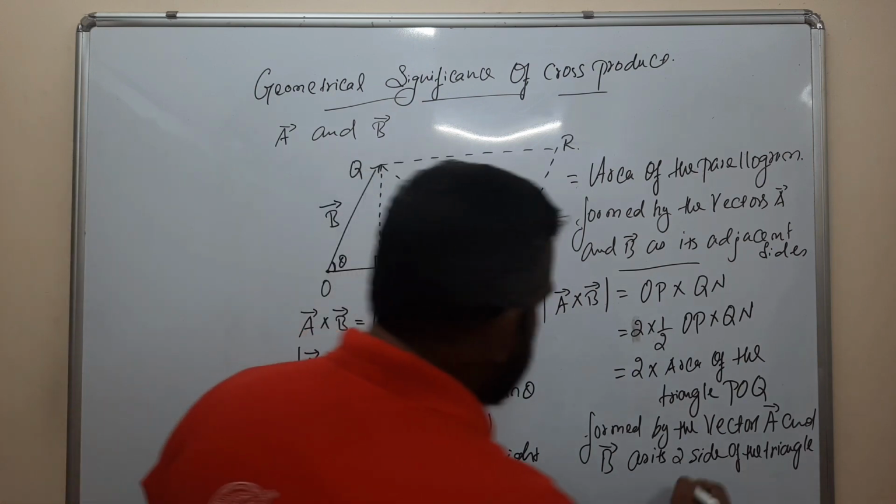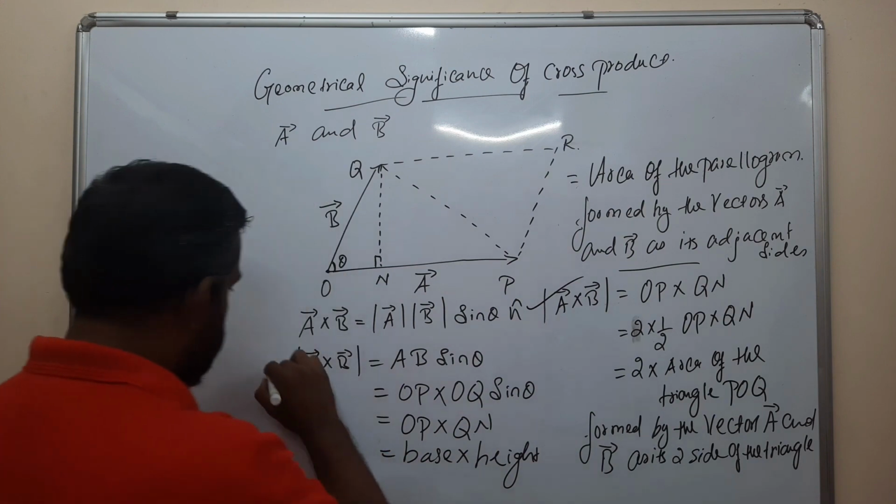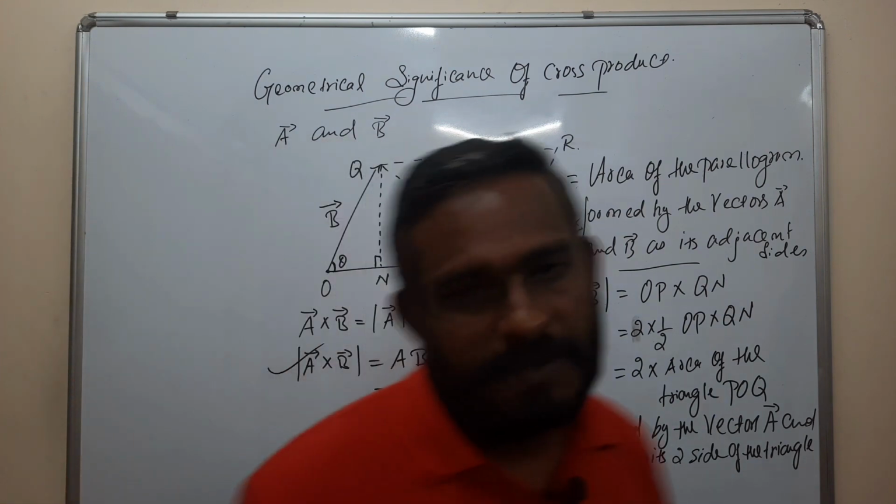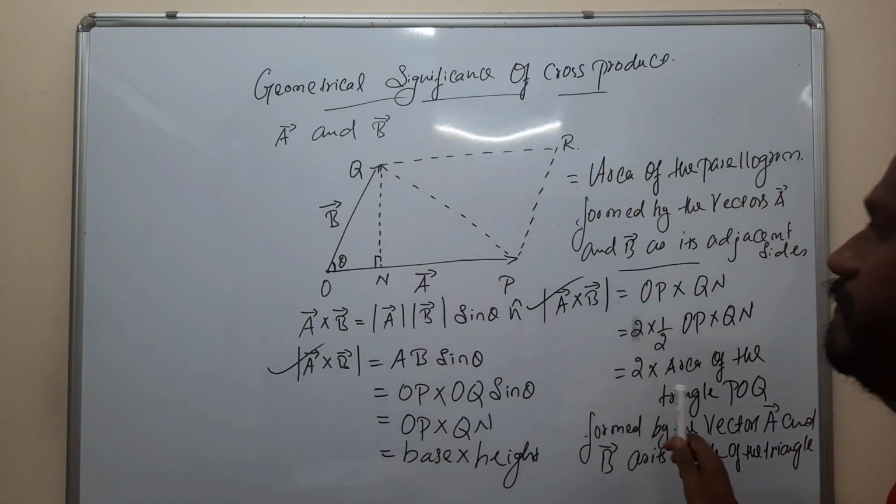That is another meaning of A vector cross B vector. Understand?